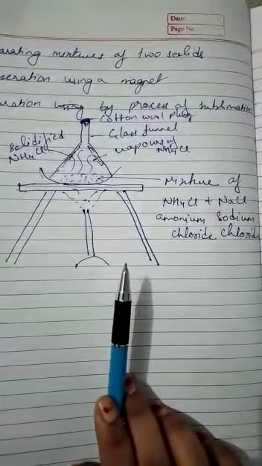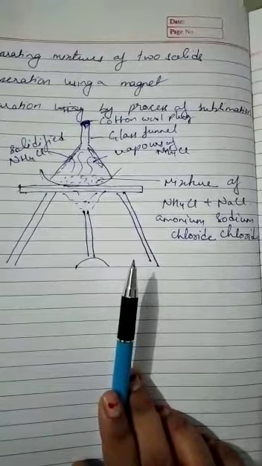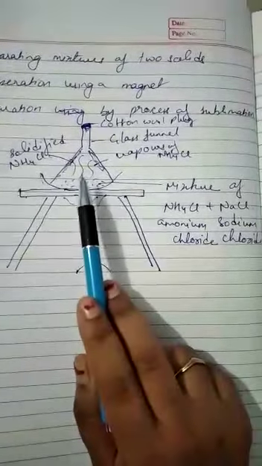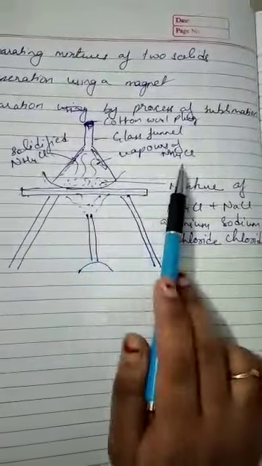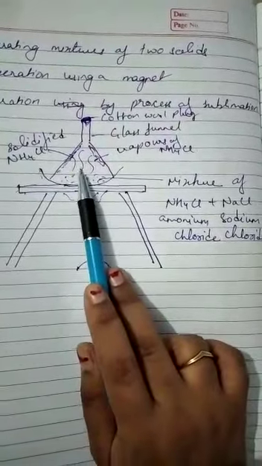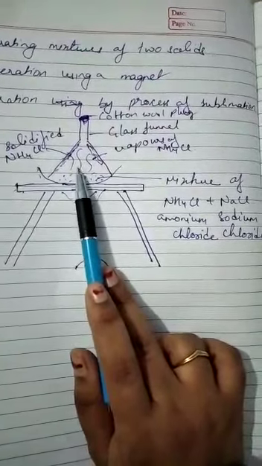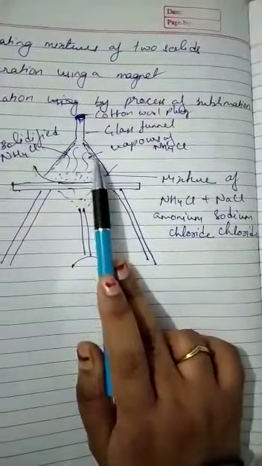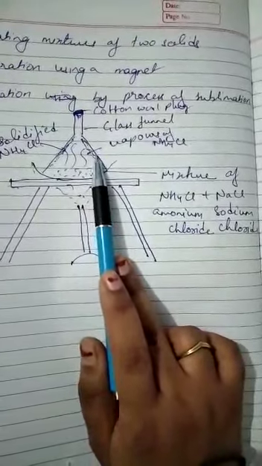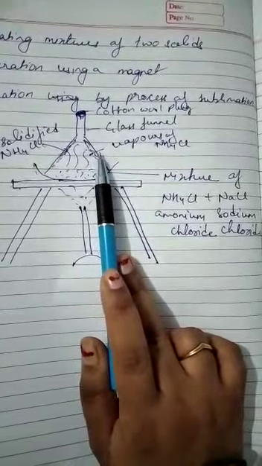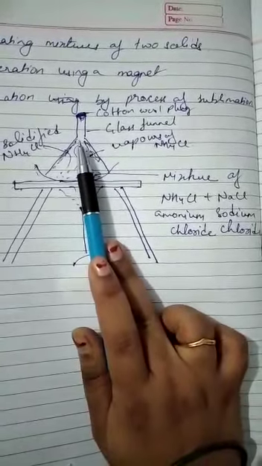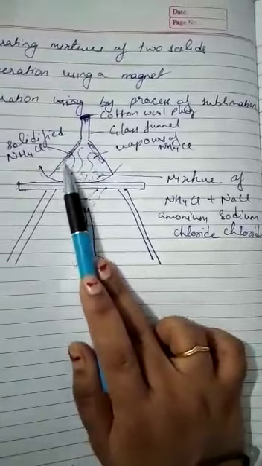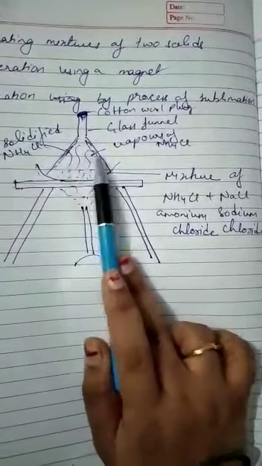This ammonium chloride just sublimes with dense fumes. These dense fumes are of ammonium chloride. It first sublimates and vaporizes in the form of dense fumes, and these dense fumes then condense over the cooler sides of this glass funnel.